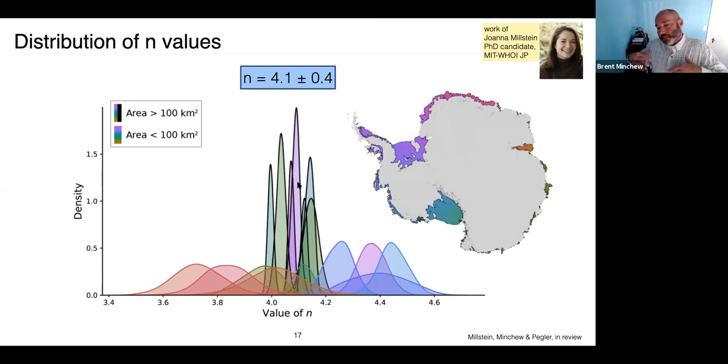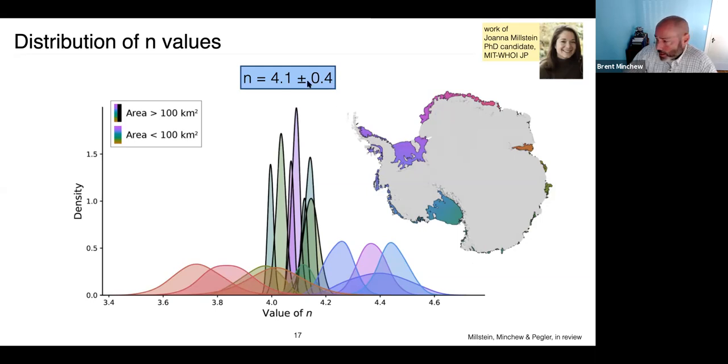As we apply some basic fitting statistics to them, what we end up with is a clustering of the distributions around pretty much all regions of Antarctica that are reasonably well observed, which is to say that all these cluster around a value of n equals 4, or more precisely 4.1.